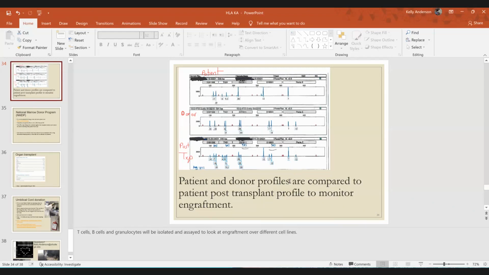Like, you can't really use the HLA type to check for engraftment, because your donor should be the same type as your patient. So it wouldn't be informative to look at that. So that's why we use STRs, because STRs are so polymorphic. They're usually different between the patient and the donor. Even between siblings, it's usually very different.